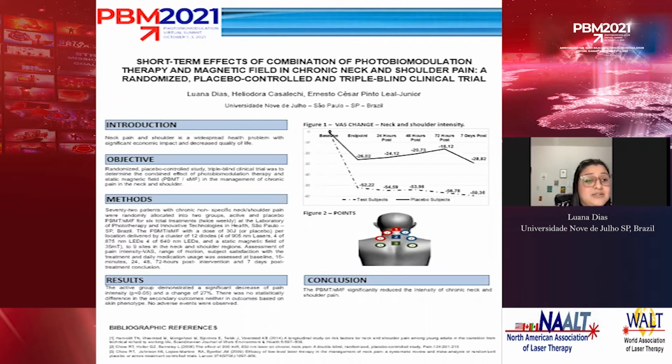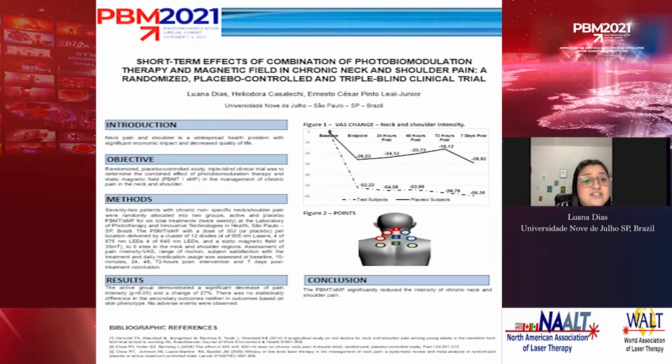The active group demonstrated a significant decrease in pain intensity, a change of 27%. There was no statistical difference in the secondary outcomes, or in outcomes based on skin phenotype. No adverse events were observed.